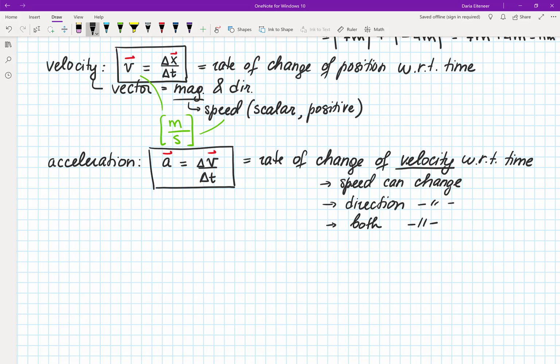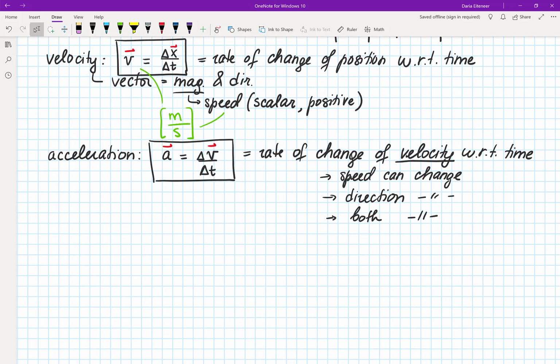We don't really need to worry too much about this right now, but I might as well tell you. We can schematically compare velocity and acceleration, not numerically, because they're different things. Before I do that, I should tell you what the units are. Velocity is measured in meters per second.